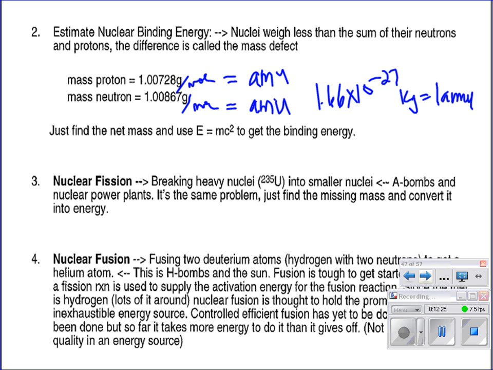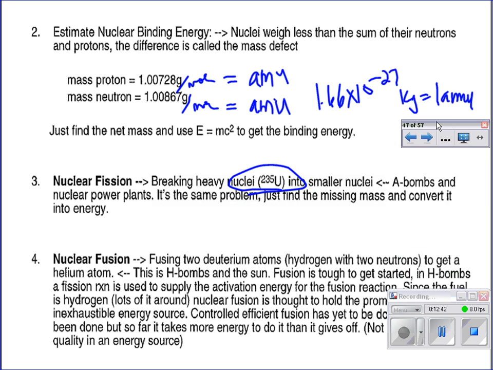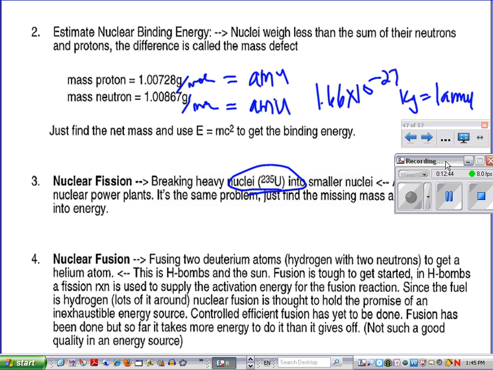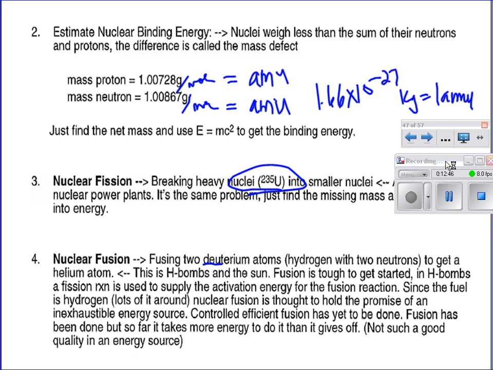Nuclear fission, I want you to know that fission is breaking heavy nuclei. We specifically use uranium-235 in our bombs and in our nuclear reactors, okay? And fusion, where does fusion occur? On the sun, and it's heavy hydrogen atoms coming together.